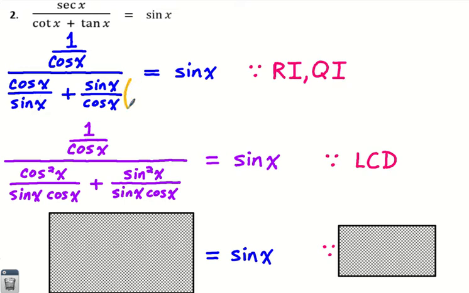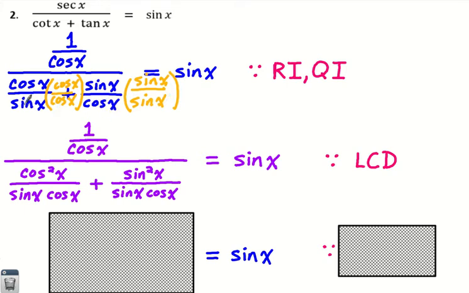Well, wouldn't this need a sine to match the left, and then wouldn't this need cosine? So giving this denominator a cosine and giving this denominator a sine, it'll make the denominators the same.